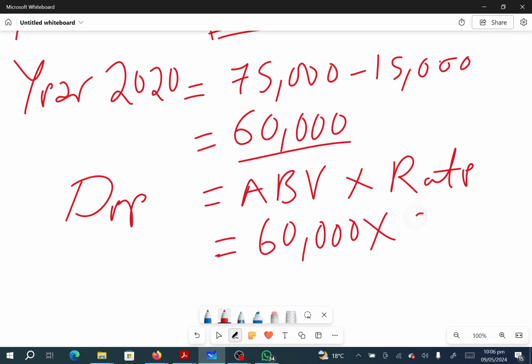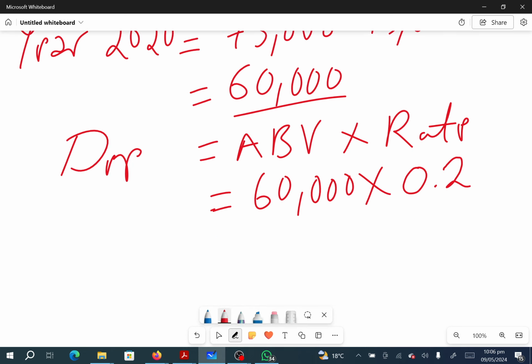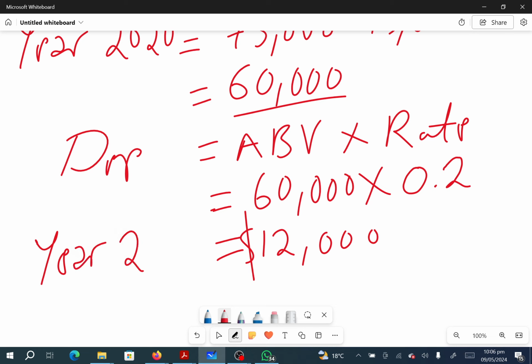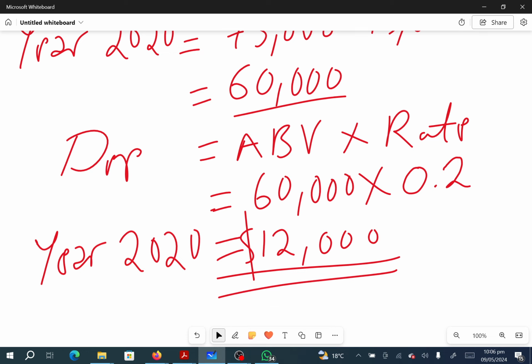The rate is constant, which is 20%, and 20% divided by 100 is 0.2. So 60 multiplied by 0.2, that is 12,000. You can even put a dollar sign. So depreciation as of year 2020 is that amount.